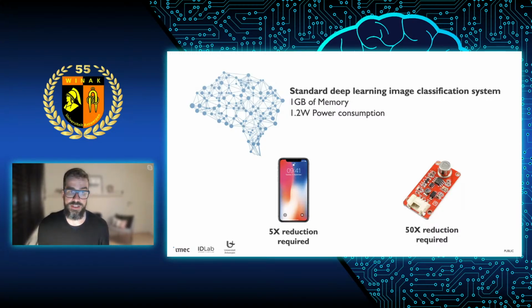These are really huge numbers, especially if you want to deploy this into Internet of Things devices. Already for a smartphone, you need about a 5 times reduction in these parameters. If you're going to an Internet of Things device, you need about a 50 times reduction of these parameters to actually get something going.